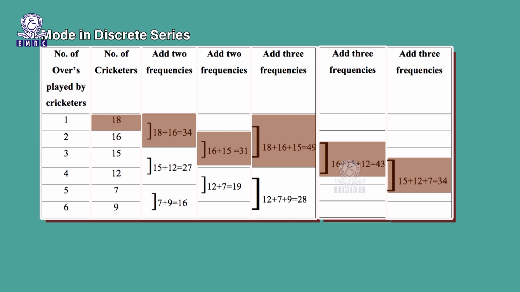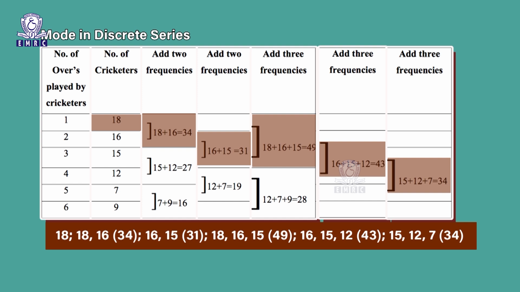Then once after identifying the highest number in each and every column, the next step is to identify the combination of these numbers. So 18, it is 18. 34 is the combination of 18 plus 16, so we are going to write 18 comma 16.